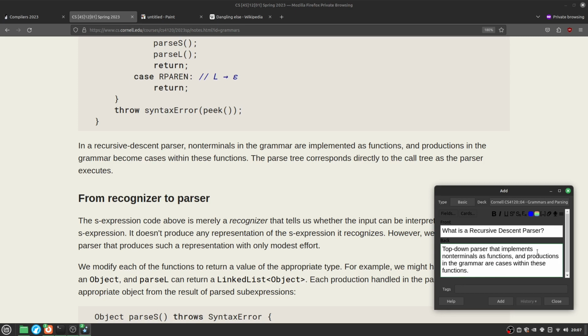So it implements non-terminals as functions. Productions in the grammar are cases within these functions.